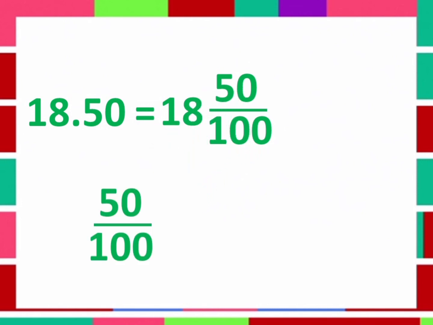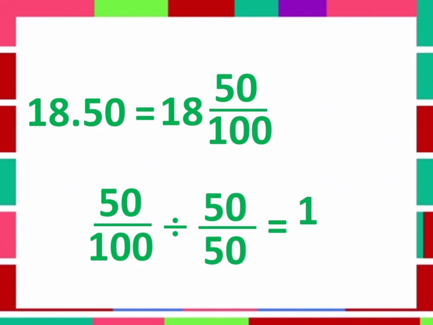So 50 divided by 50 is equal to 1. And 100 divided by 50 is equal to 2. 50 over 100 is equal to 1/2. Therefore, 18.50 is equal to 18 and 1/2.